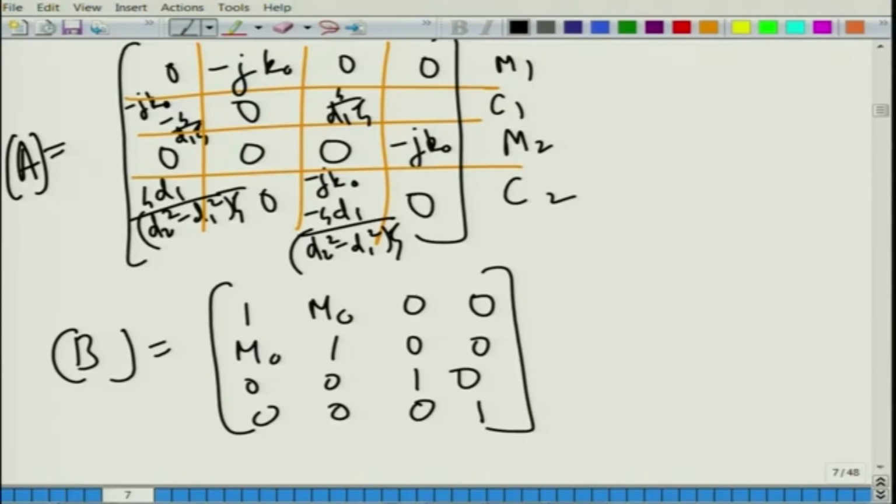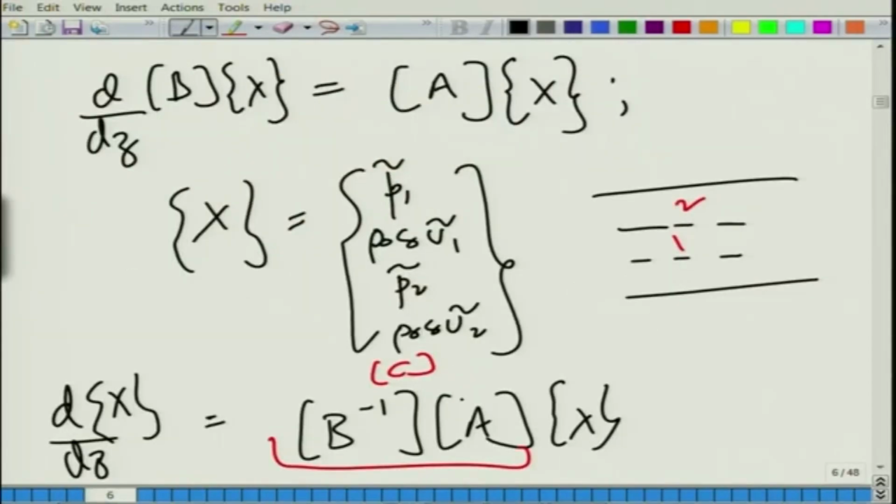With this small rearrangement, it is easy to see that when M naught is 0, that is a stationary medium, we get B as the identity matrix, which is obvious. When M naught is not 0, we need to invert that matrix, and that is what we are doing here.